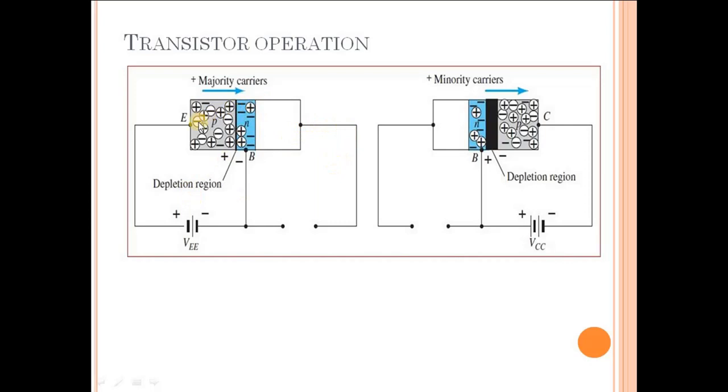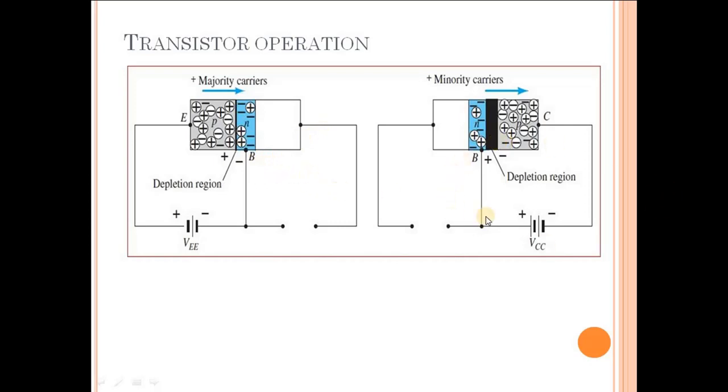So with this PNP BJT, I have made out two circuits. In this very first circuit, I have applied a DC bias across the emitter base PN junction, and I have not applied any DC bias across the collector base PN junction.